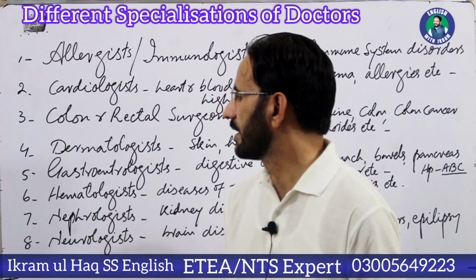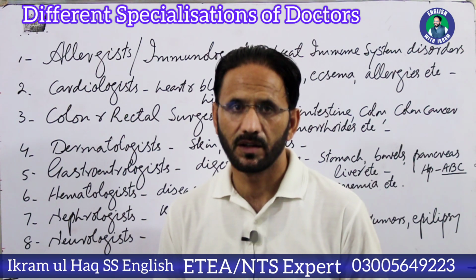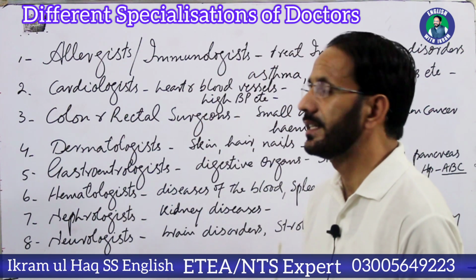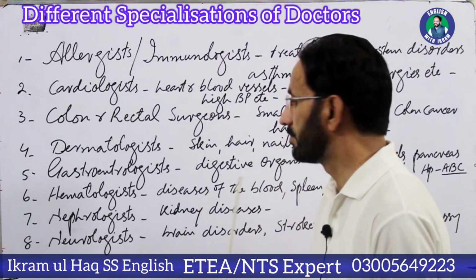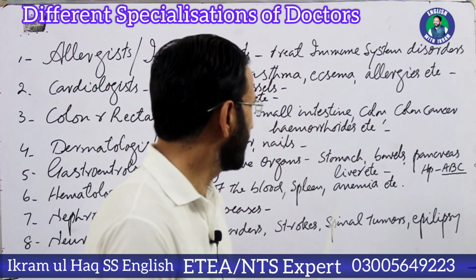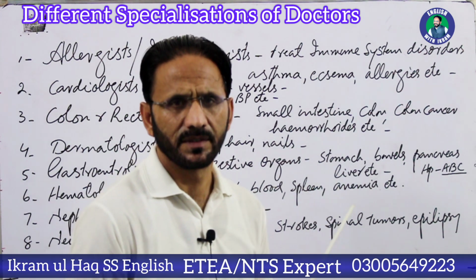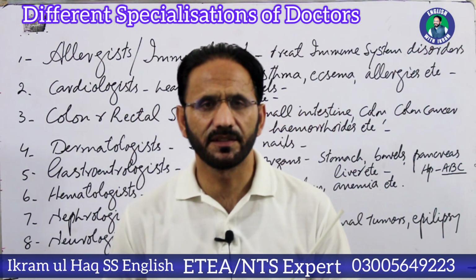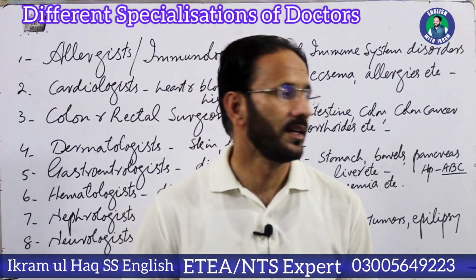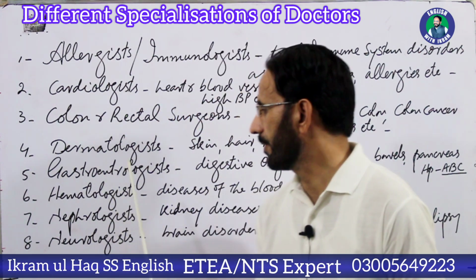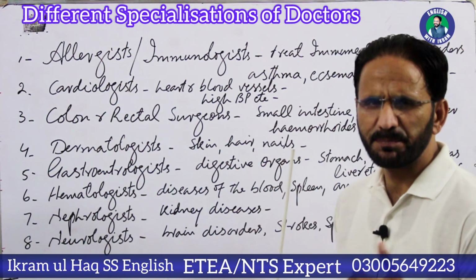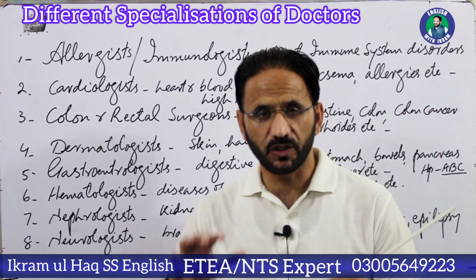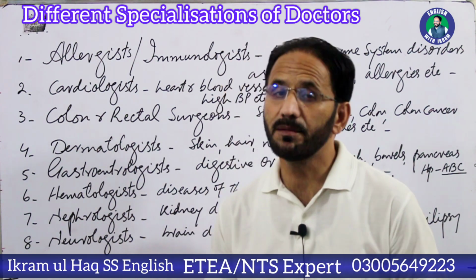The next one is hematologist. Hematologist is the doctor who is concerned with the diseases of blood, spleen, anemia, deficiency, जिससे होती है खून की कमी, ब्लड डिफिशिएंसी, एनीमिया उसे कहते हैं. तो इससे रिलेटेड जो भी बीमारियां हैं, जो ब्लड से, स्प्लीन से और एनीमिया, तो a person who is concerned with such sort of diseases, he is called hematologist.